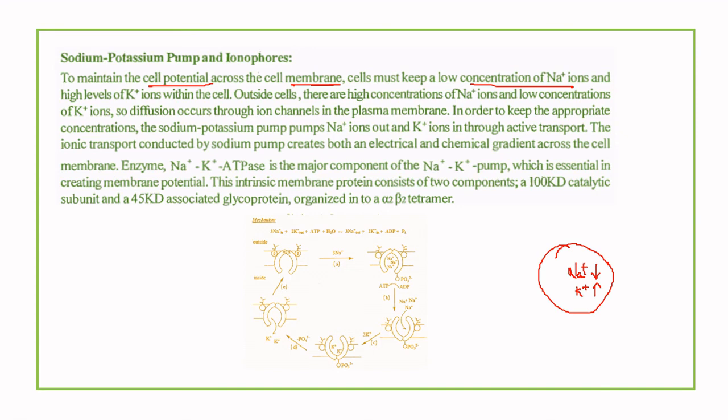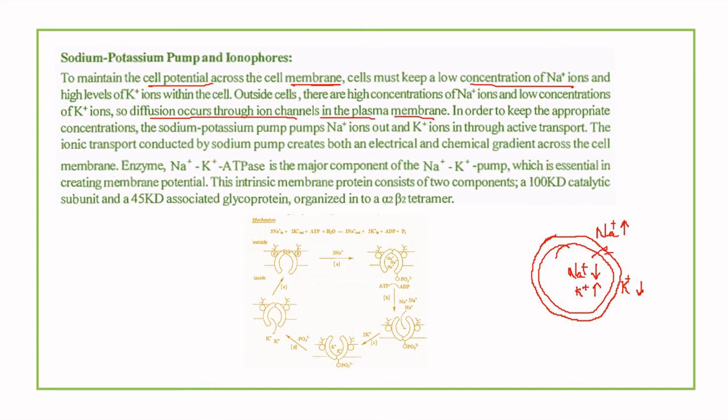Outside the cell, there is exactly the opposite: a high concentration of sodium ion and low concentration of potassium ion. So what happens? A gradient is created between inside and outside the cell, right? So diffusion occurs through ion channels in the plasma membrane.